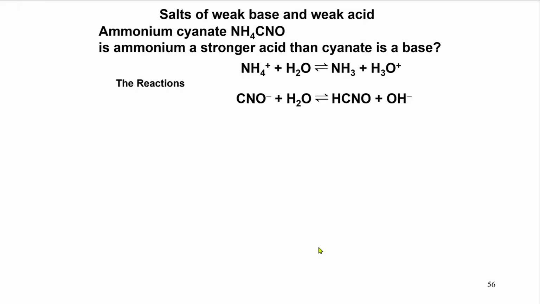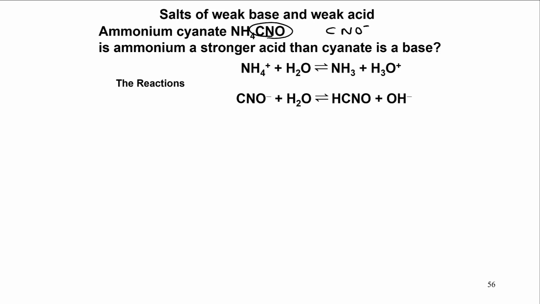So here's the example I have from my slides and from my notes. It's for ammonium cyanate, not ammonium cyanide. I remembered wrong, but the same principle applies. Cyanate is the conjugate base of a weak acid. Right? So I'm looking at this as a formula like CNO minus.